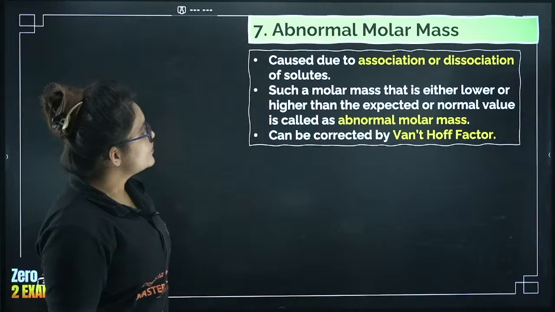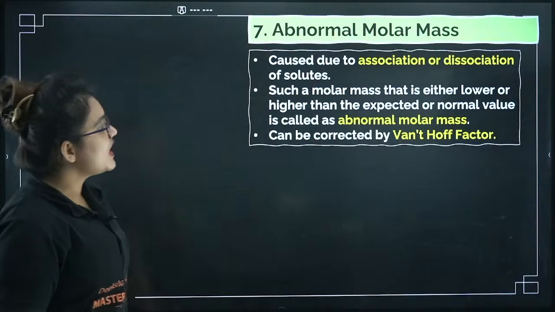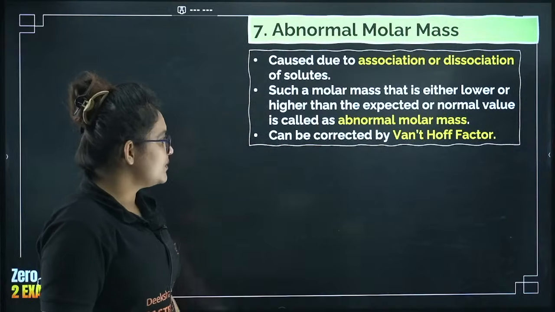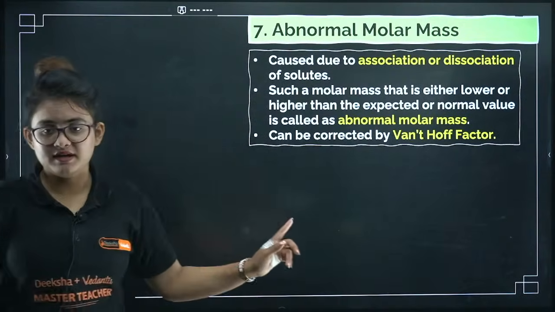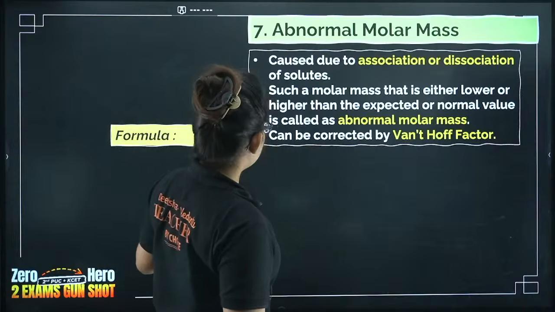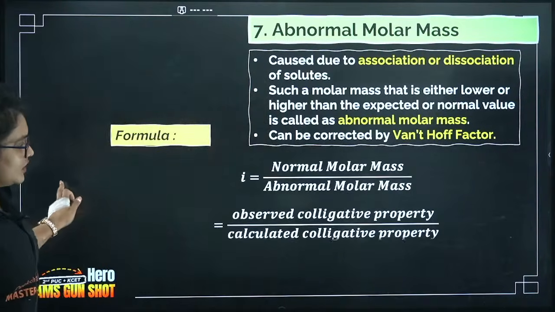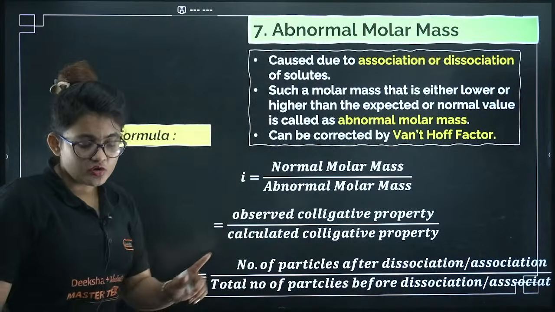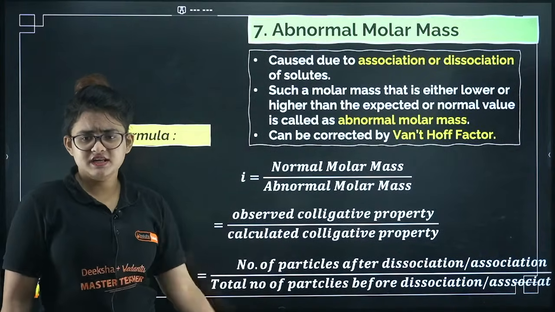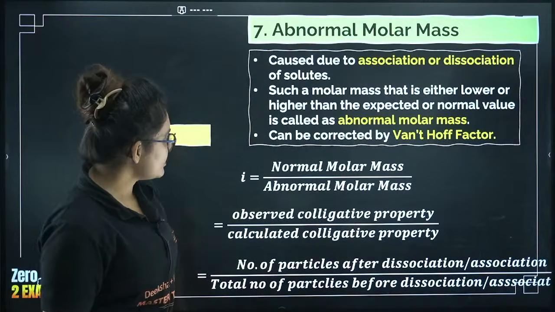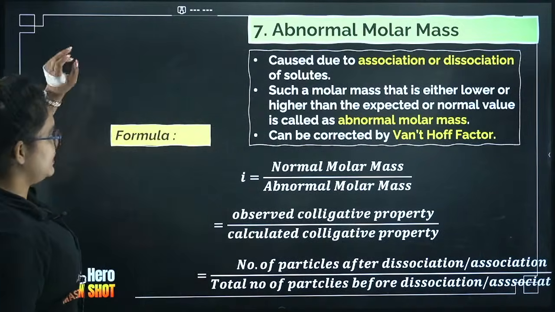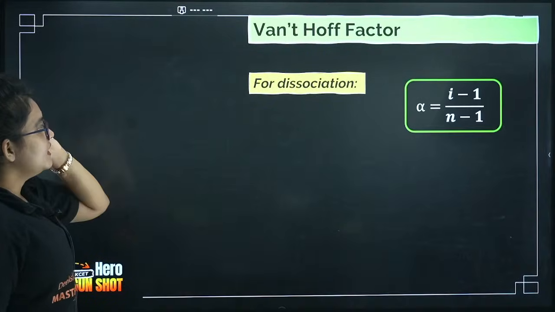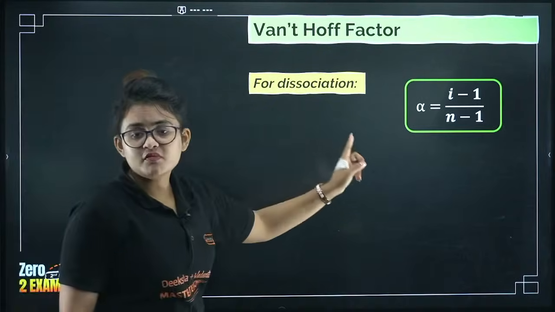Such molar mass that is either lower or higher than the expected or normal value is called the abnormal molecular mass, and it can be corrected by the Van't Hoff factor. Very important thing. You can see the formula of i can be written in three ways. I want you to make a note of it, or you can take a screenshot. For dissociation it is in the form of alpha.